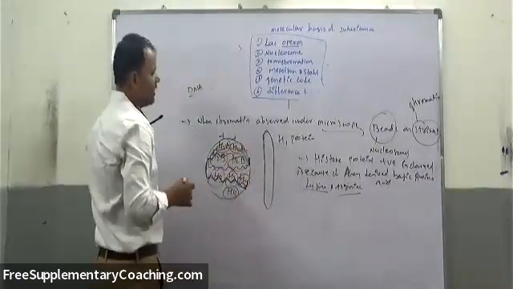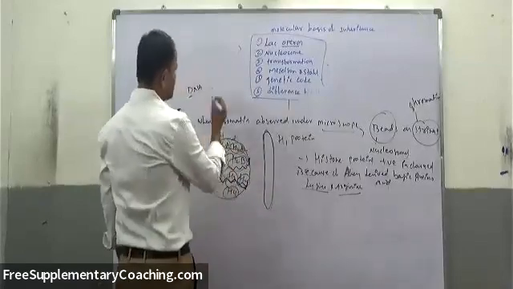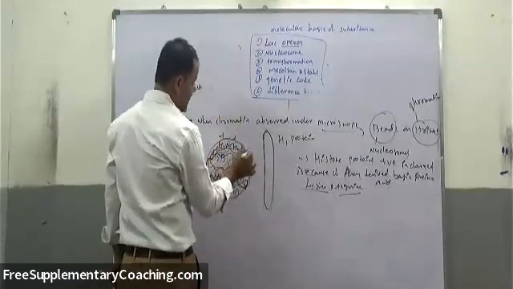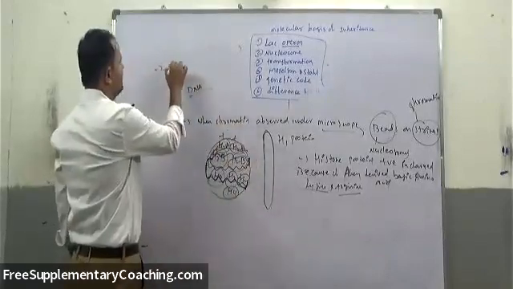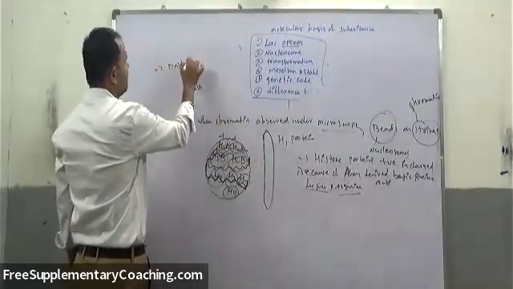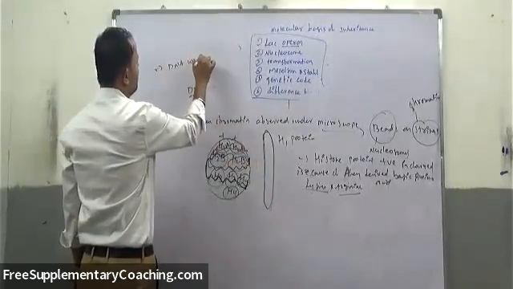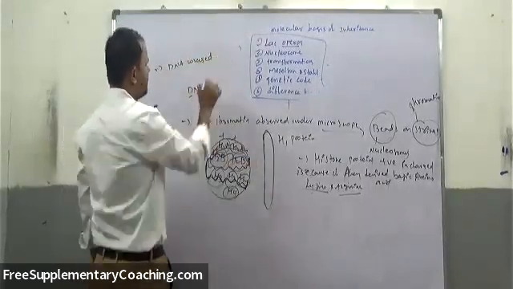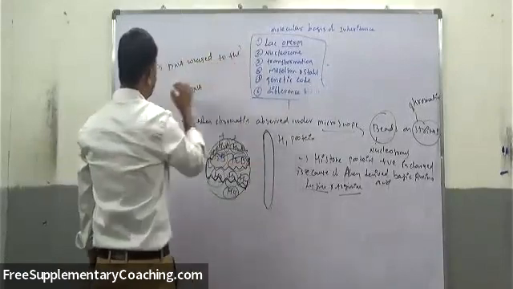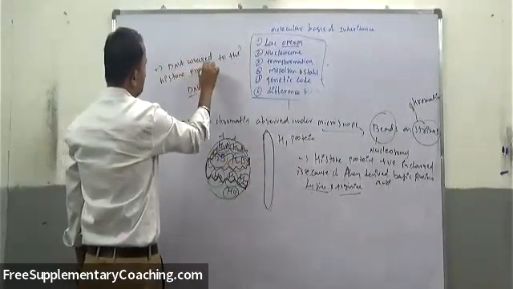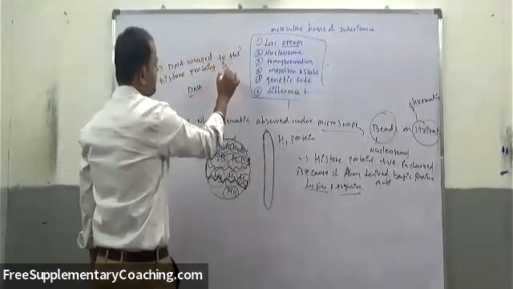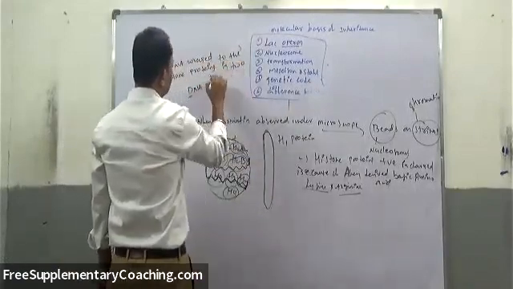So how many turns? Two turns. DNA is wrapped around the histone proteins in two turns.